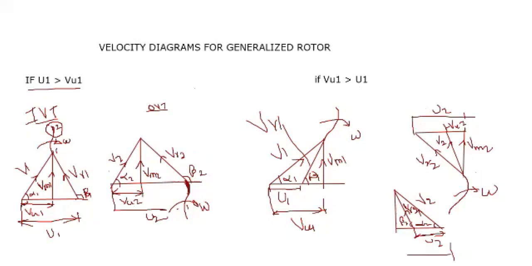Here I have made some mistake, but nobody has noticed. That means you are not understanding VM2. Here I have made some mistake that nobody has noticed. It is not from this point to this point, it will be from this point to this point.